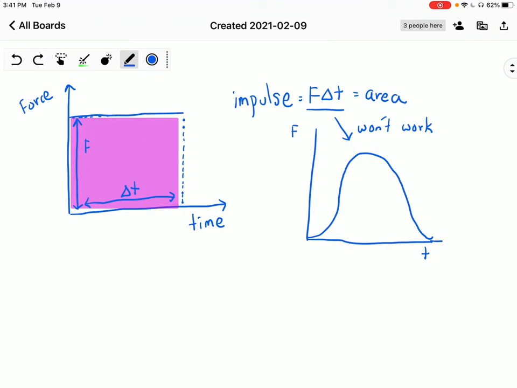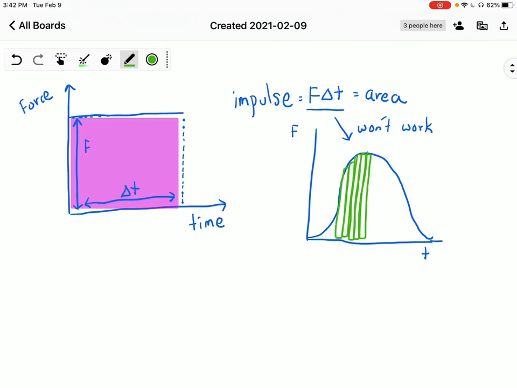So imagine I measured just one little tiny rectangle, like that. I could calculate the area of that rectangle. And what if I just made a whole bunch of little tiny rectangles? I could calculate the area of those rectangles.